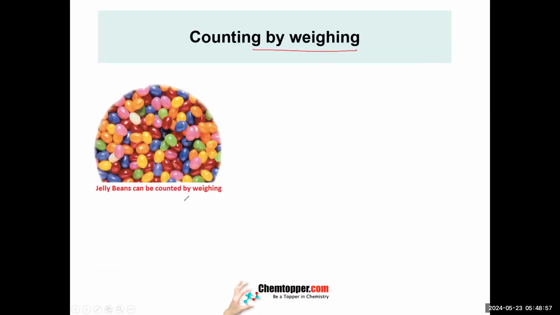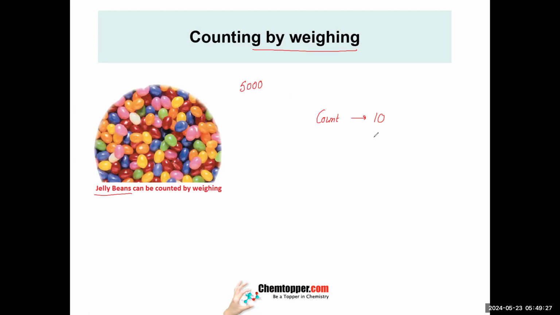Like for example, you want to take 5,000 jelly beans. Are you going to count them? No. What are you going to do? You can count whatever you can count.